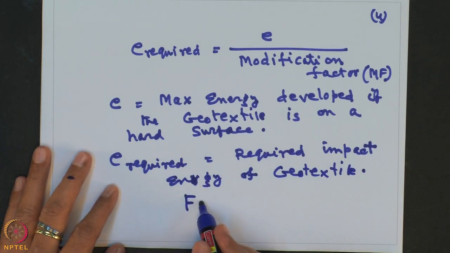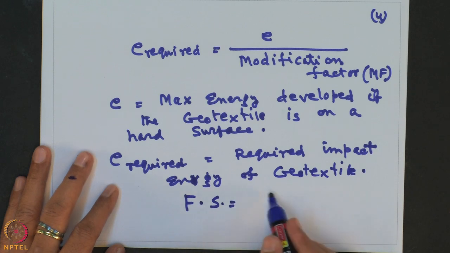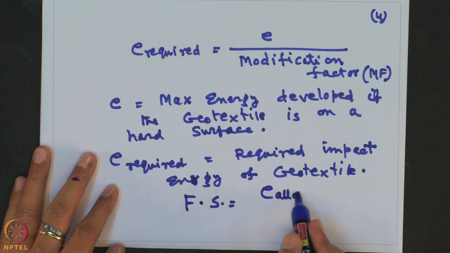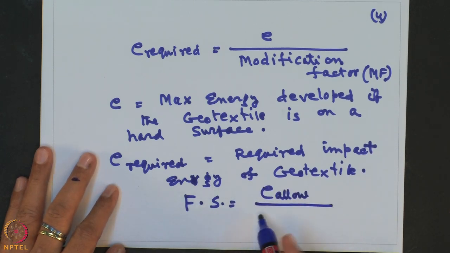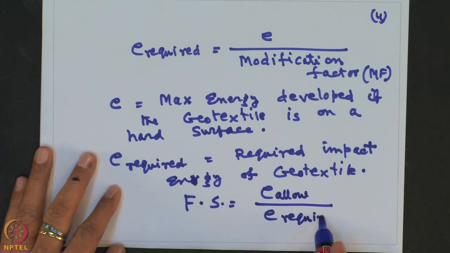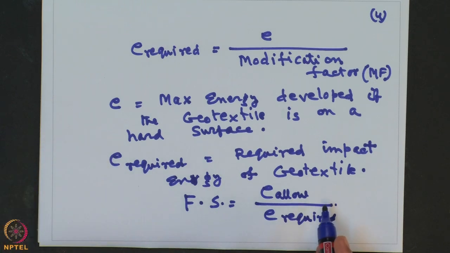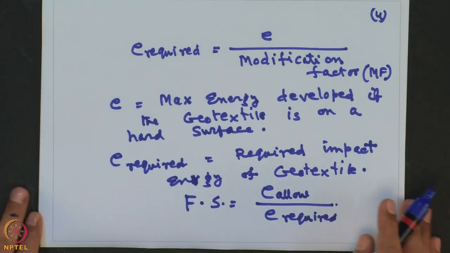So, factor of safety will be equal to E allowable divided by E required. So, you can determine the factor of safety from this test.